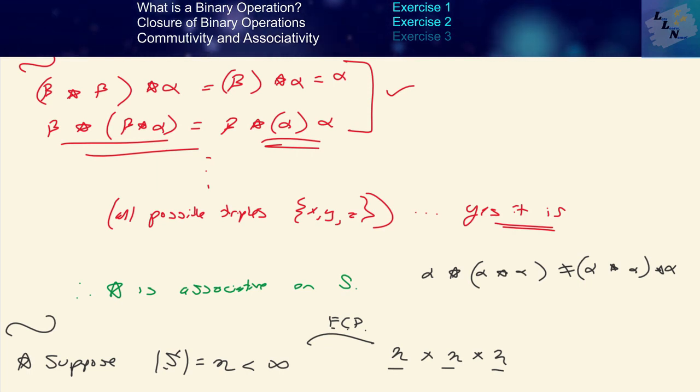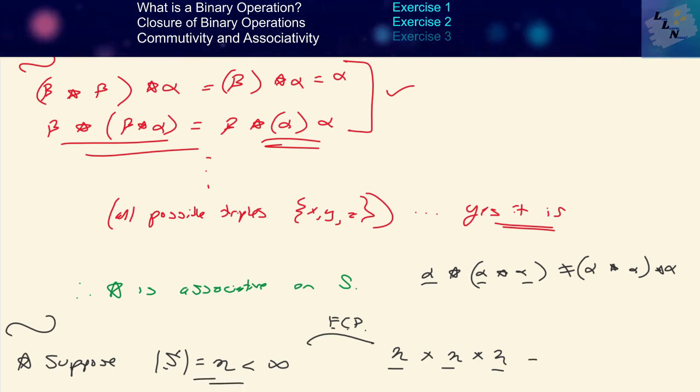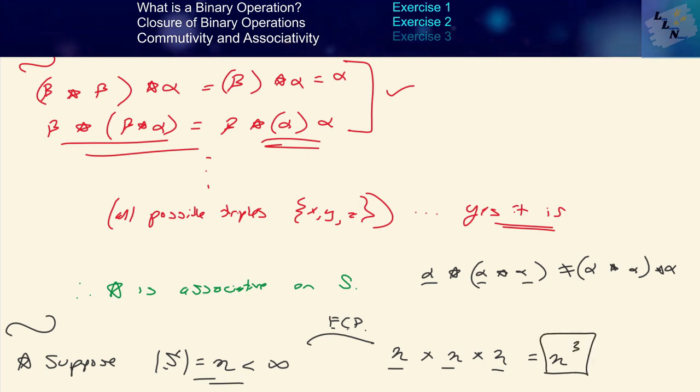So we need to check both the same values and also the different values. And we're assuming that there are n different values in this particular set. So we clearly see that there are going to be n cubed different statements that we need to check here.